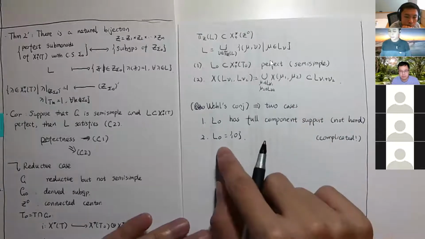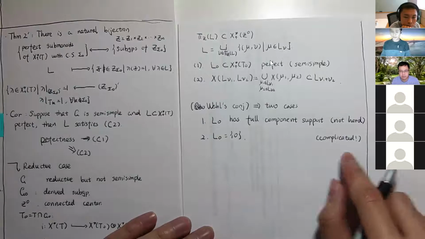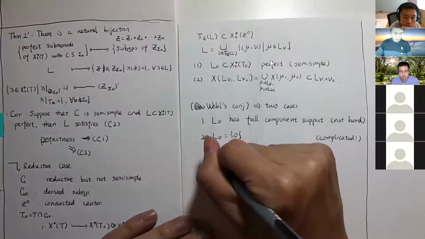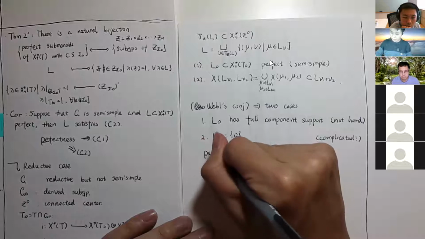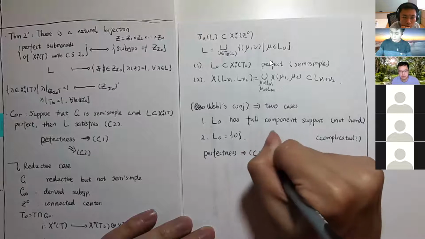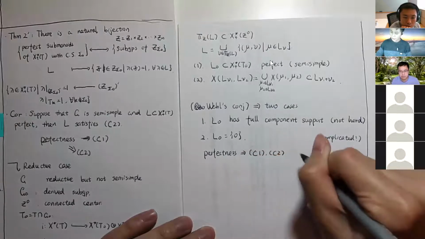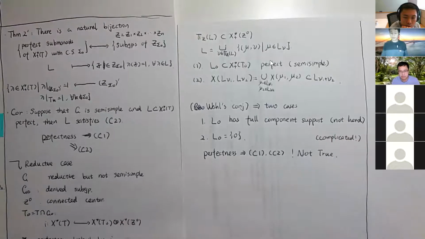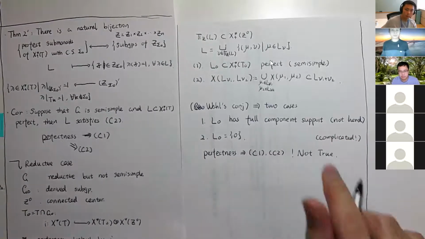So this still remains to be determined. And also for those three types of closedness, the statement that perfectness implies C1 and C2 is not true anymore in this case.